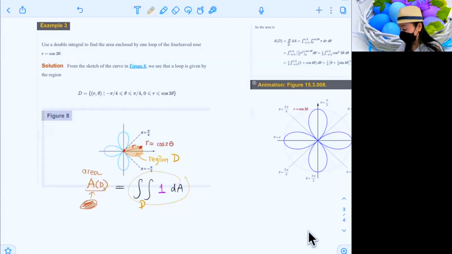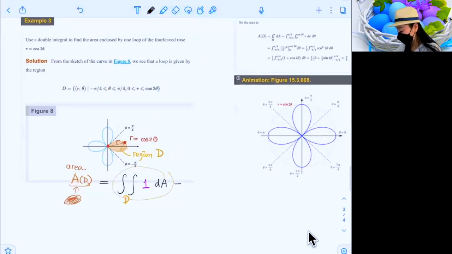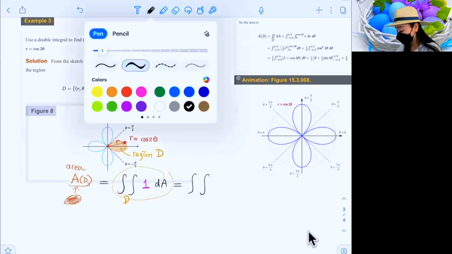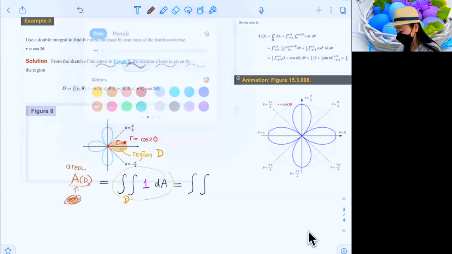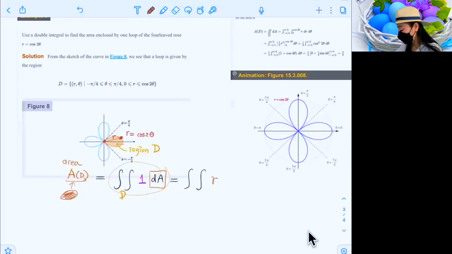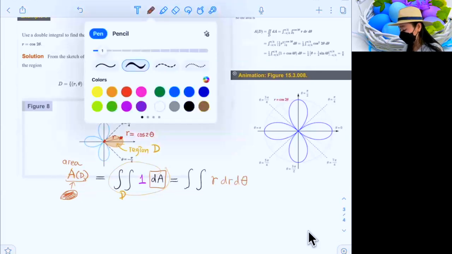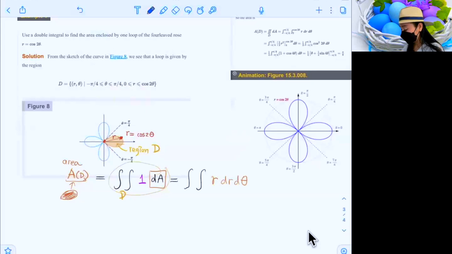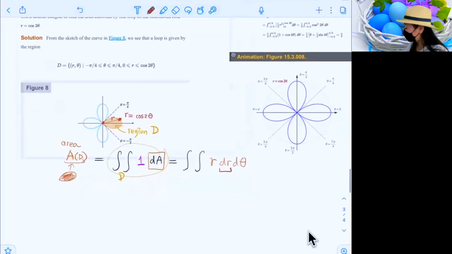Now we can use polar coordinates to do that. The 1 doesn't matter. What do we replace dA by? We replace dA by r dr d theta, right? Now we need to figure out what r changes from and to.